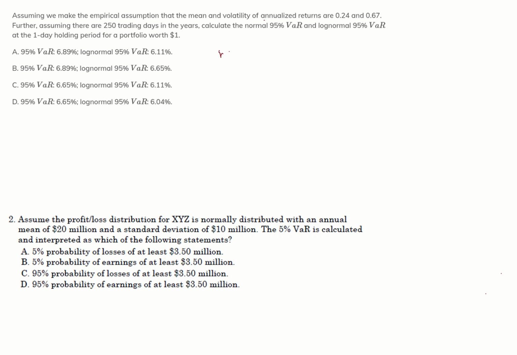So 1 day return becomes 0.24 divided by 250, equals 0.00096, and 1 day volatility becomes 0.67 divided by square root of 250, equals 0.0424. So now we know 1 day return and 1 day volatility.